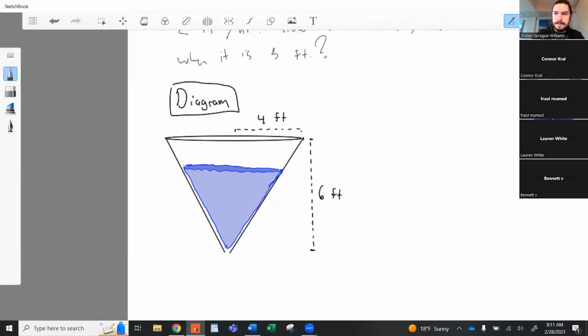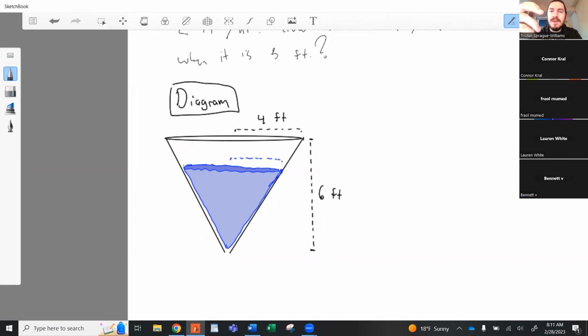Here we go. So the water has a different radius because it's like a smaller cone inside the big cone. There's the cone-shaped tank, and there's the cone of water inside of it.